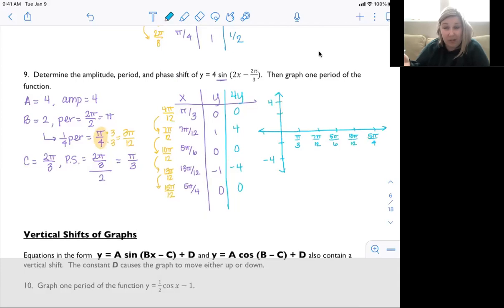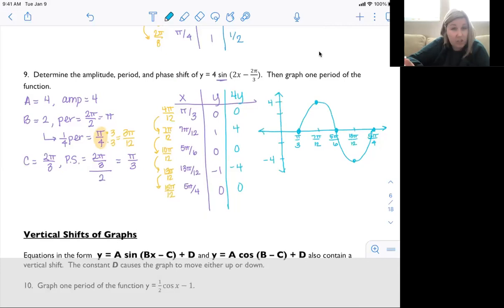That's it. We don't have to be super precise with these because we're just getting a sketch. So here we go. Pi thirds, 0, 7 pi 12ths, 4, back to 0, down to negative 4, back to 0. There's our graph.